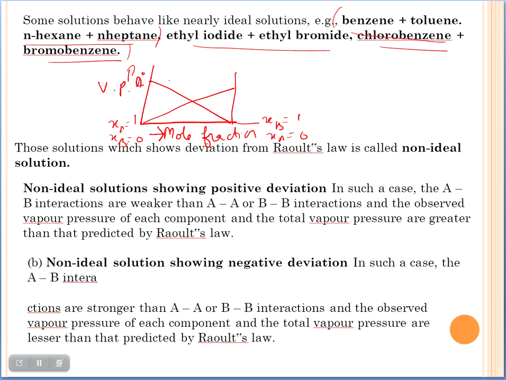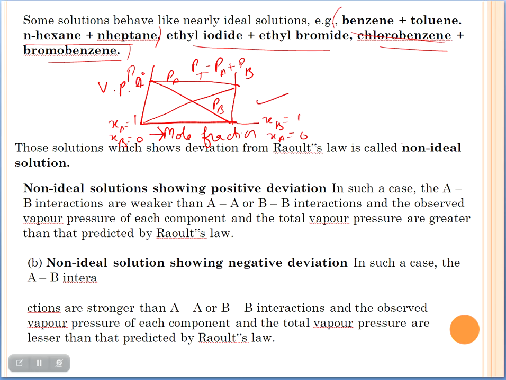So this is of Pa and this is of Pb. And what will be the total? P total is equal to Pa plus Pb. This will be the graph of Raoult's law.